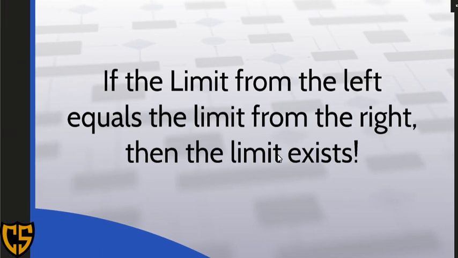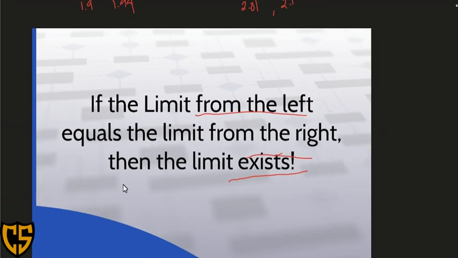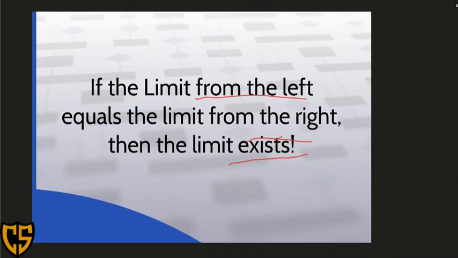That is how we know that our limit exists. That is the reason we use the table of values, in order to know whether the limit of a certain function exists.